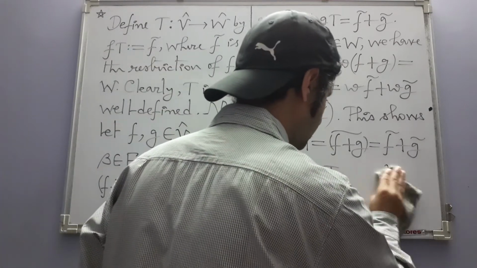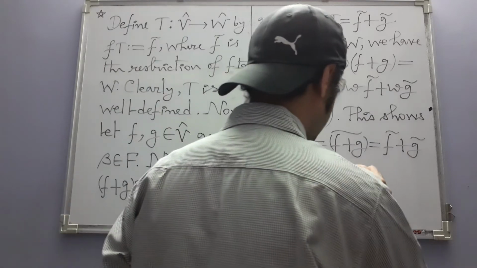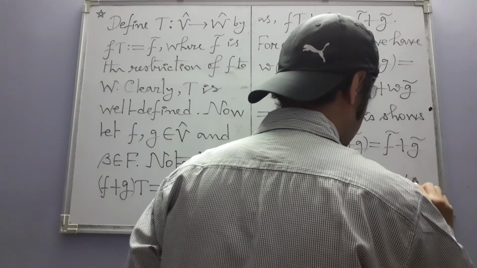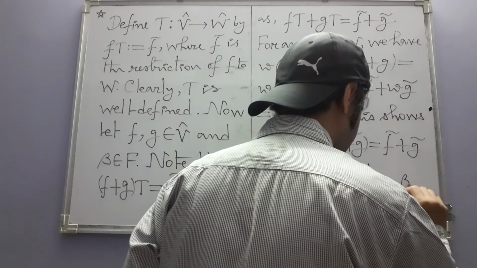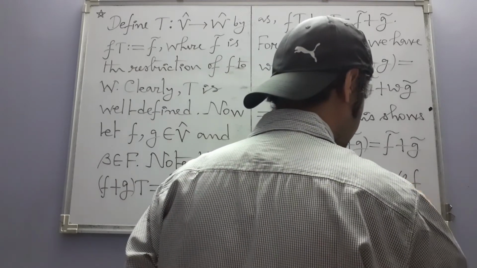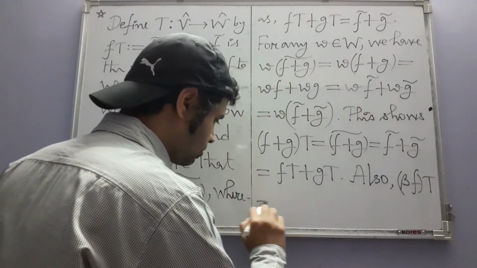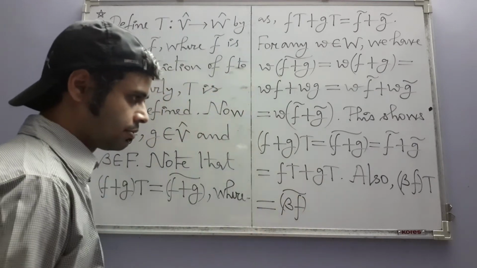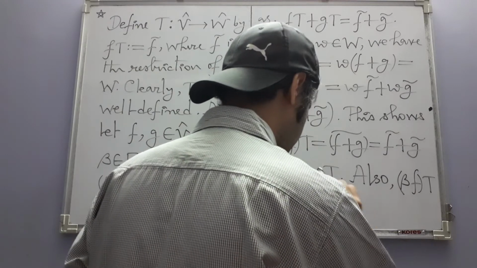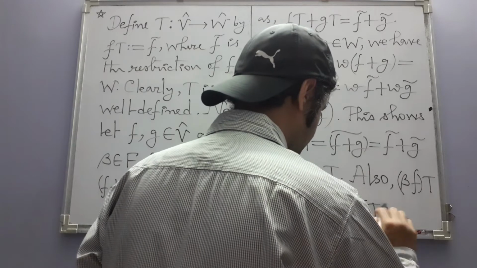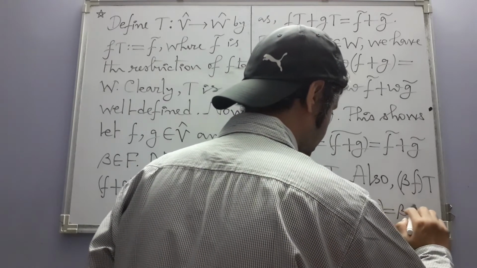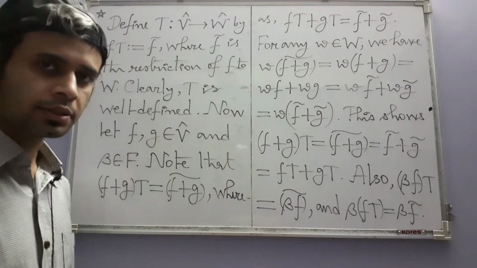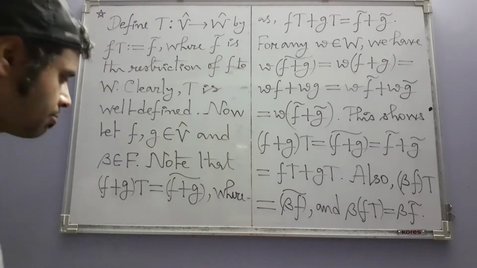So let me just write, again I am writing beta F T. That equals, of course, the restriction of beta F, and beta times F T is equal to beta times the restriction of F. Okay, and here also we have to show that these two functions are equal. So let's apply them on W.